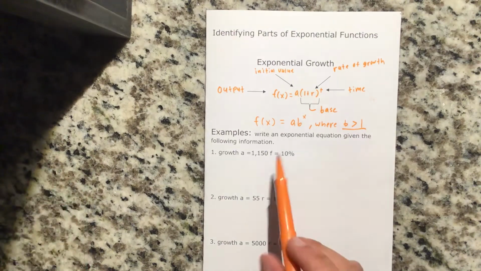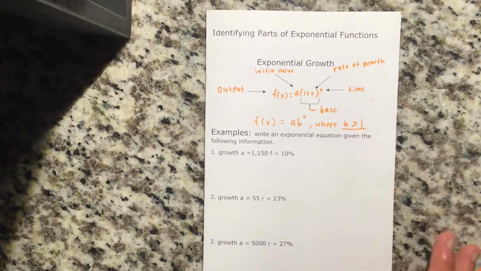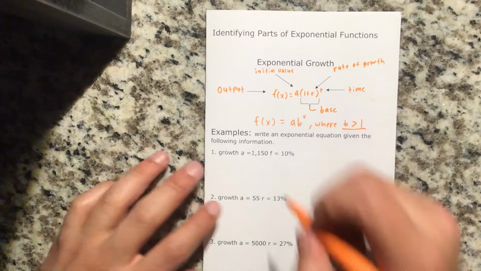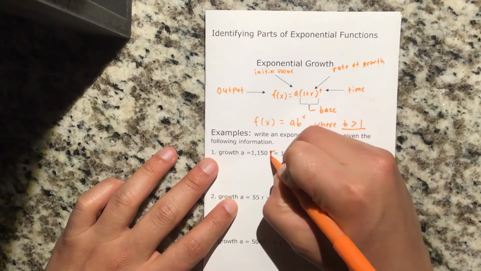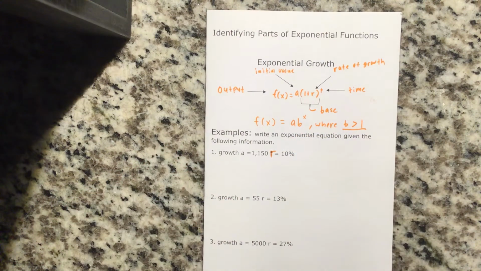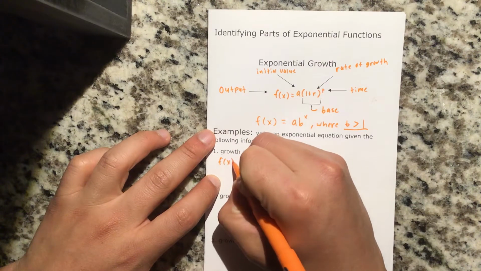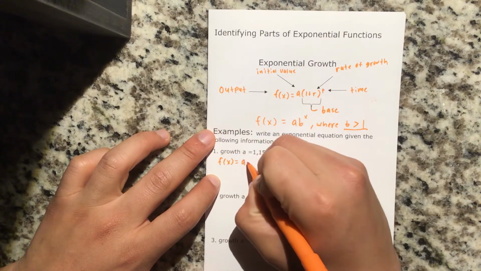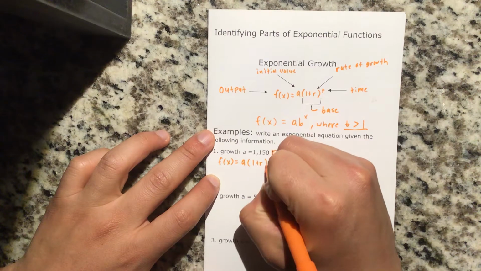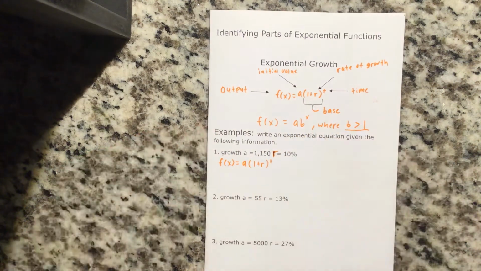So let's look at some examples. We're going to write an exponential equation given two things, okay? So given our a is 1,150 and our r, that should be an r, not an f, is 10%, okay? So let's write our general equation, okay? So our general equation up here is f of x equals a times 1 plus r to the t power, okay?